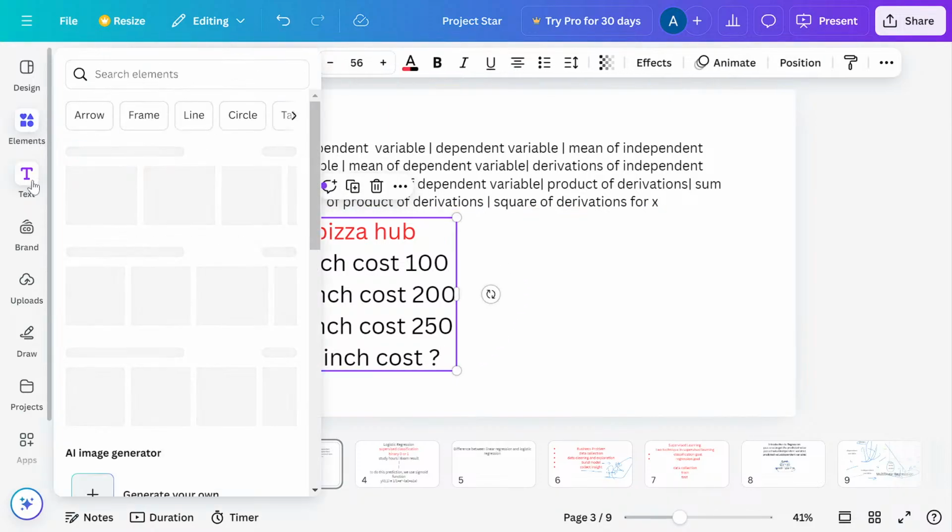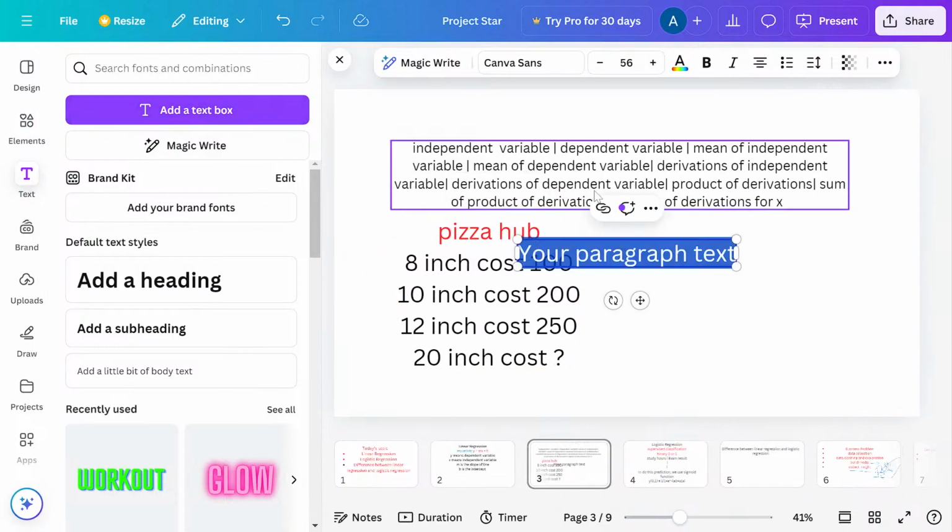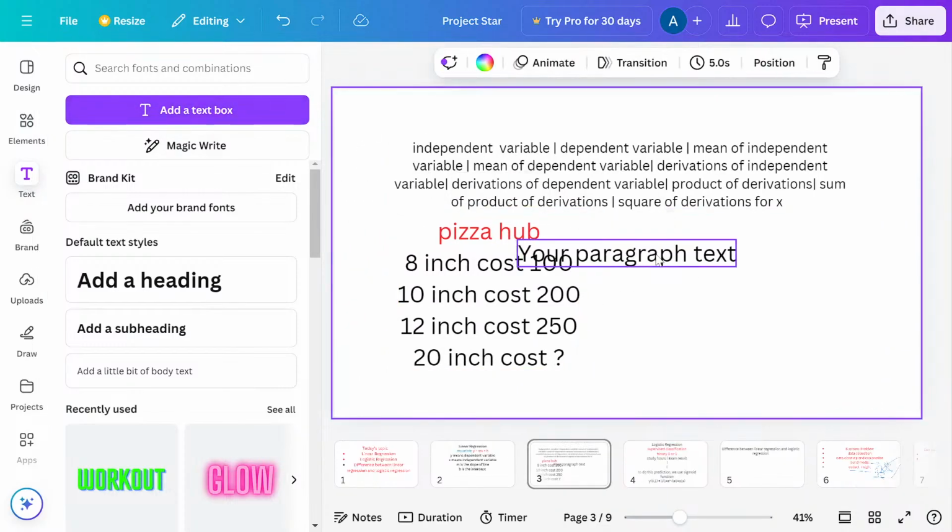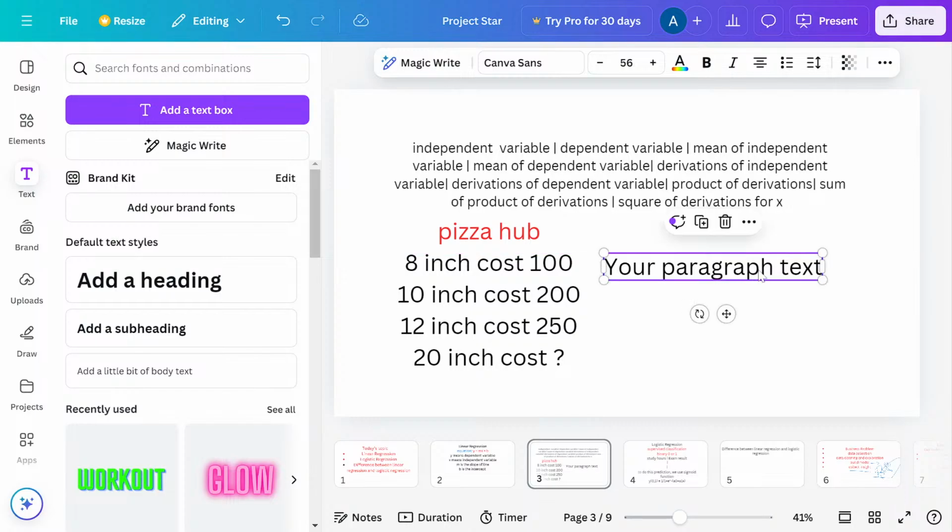So in order to do that, we already have one equation. The equation is y equals mx plus b.